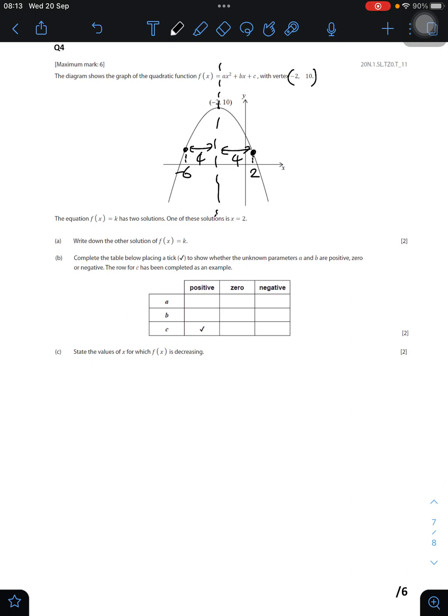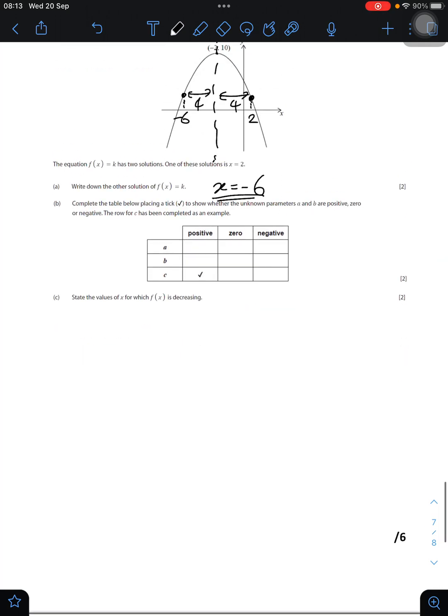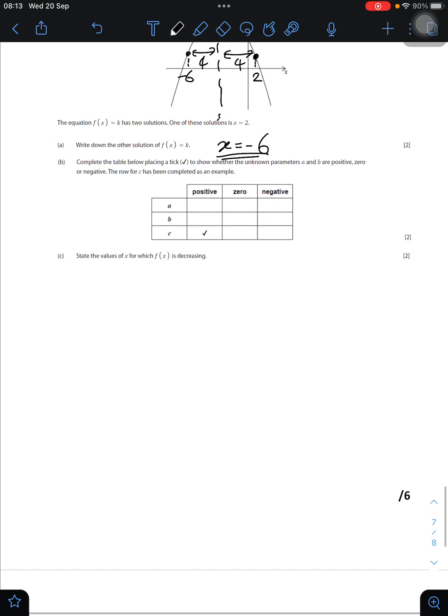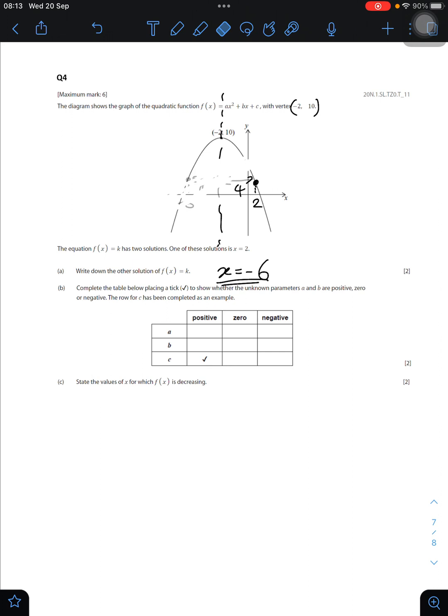So therefore we need minus 6. So therefore we get x equals minus 6. And I'm pretty sure of that, so I'm going to double underline it. Complete the table showing a tick for the parameters. So pause the video if you need any of this stuff that I'm rubbing out now.